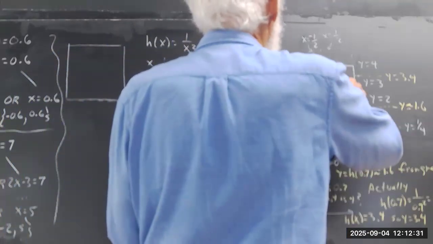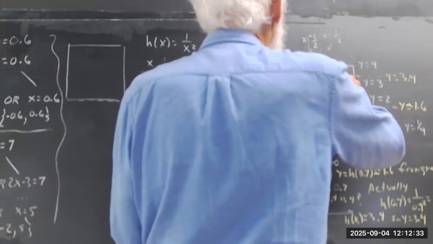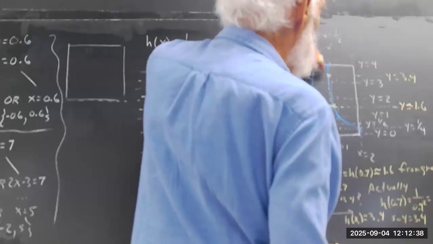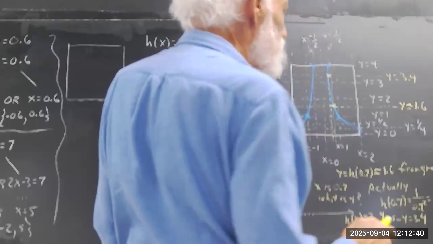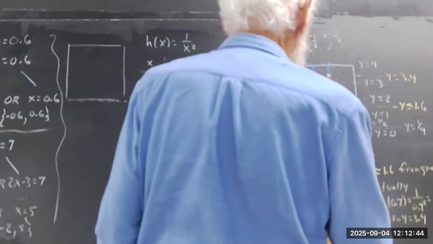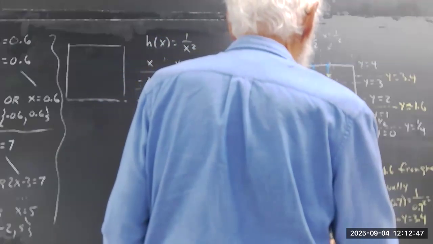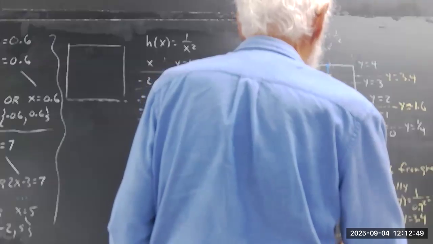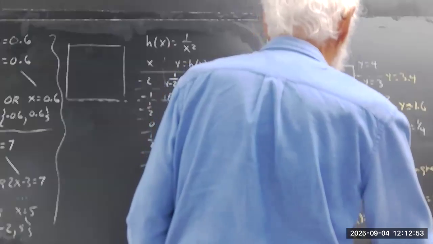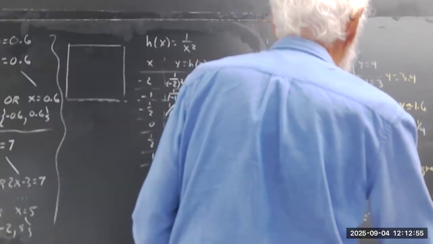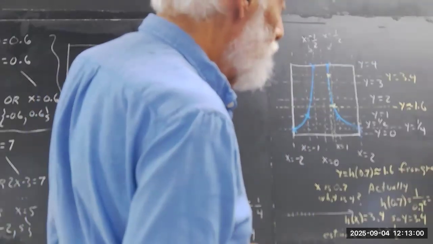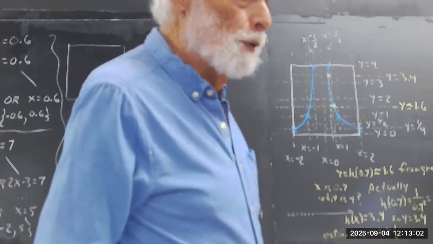Well, that line crosses the graph here, which is pretty much the way I drew it, right on the line x equals 1/2. Okay. x is approximately 1/2.